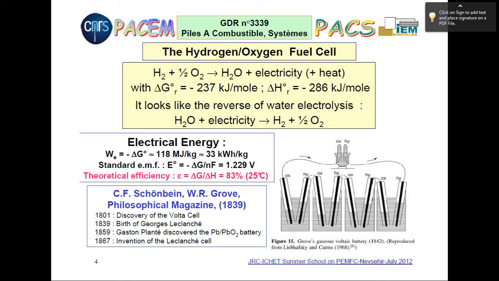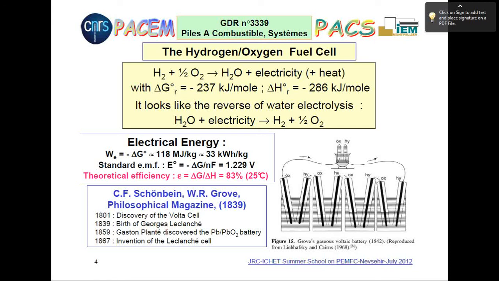But for that you need, of course, some catalyst, because this reaction is normally possible at room temperature, because the thermodynamic data are negative. If delta G is negative, the reaction is possible, it is a spontaneous reaction, and if delta H is negative, you have energy from the reaction.